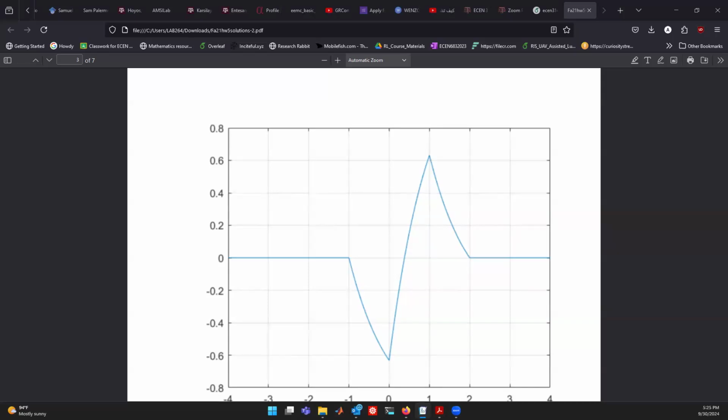It will look like this. And if you calculate those constants, you'll find that this point is around 0.6, and this point is also a little bit larger than 0.6.